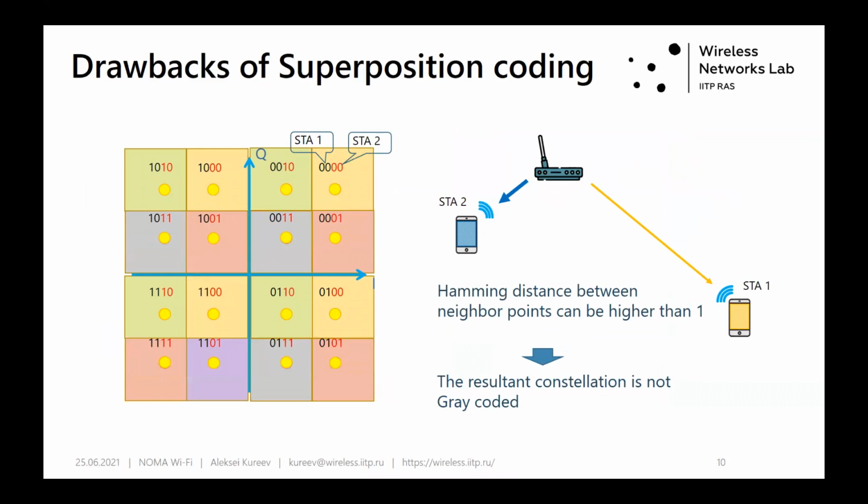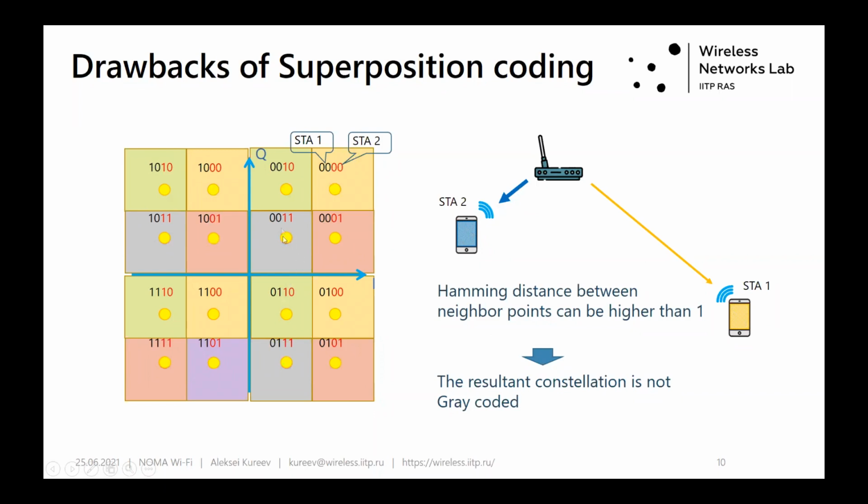What are the drawbacks of superposition coding? Consider a case where we want to multiplex two QPSK signals. Here we have the NOMA signal, which is the combination of two QPSK signals. The black colored points correspond to bits for STA1, and the red colored numbers correspond to the bits for STA2.